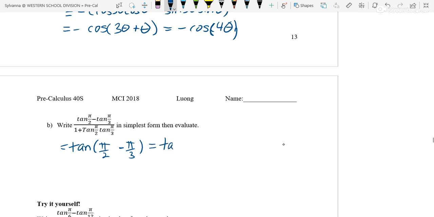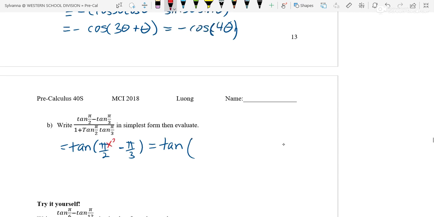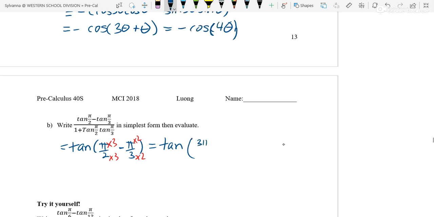Now I want to put this under a common denominator, so I'll need 6 as my common denominator. That means I need to multiply this by 3 top and bottom, and this by 2 top and bottom. That'll give me 3 pi over 6 minus 2 pi over 6.